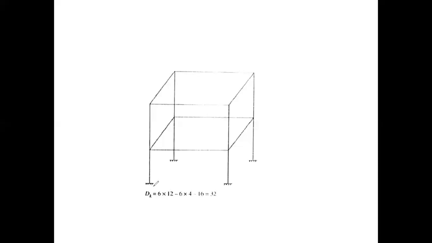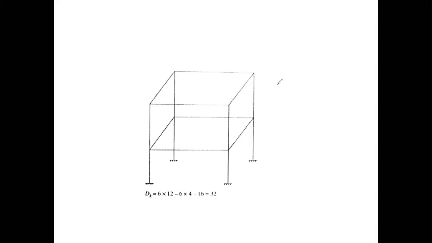Now in this case, first of all, we'll count the members. So the total number of members over here is 1, 2, 3, 4, 5, 6, 7, 8, 9, 10, 11, 12, 13, 14, 15, and 16.